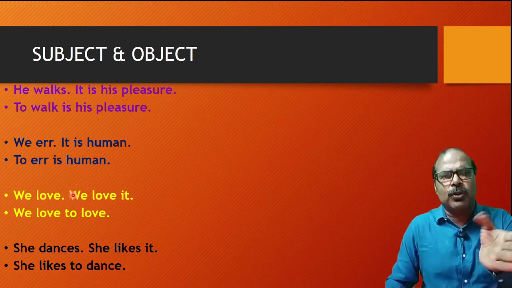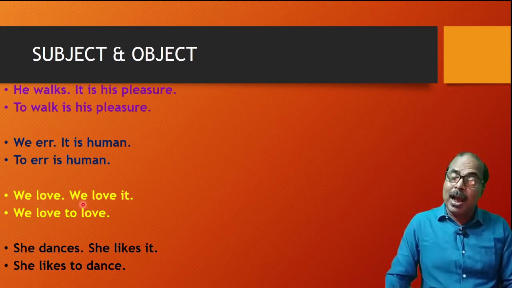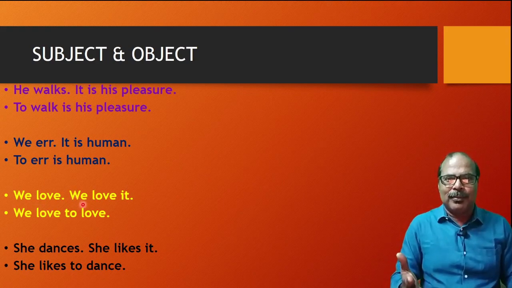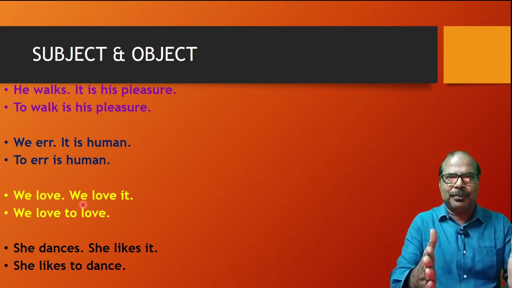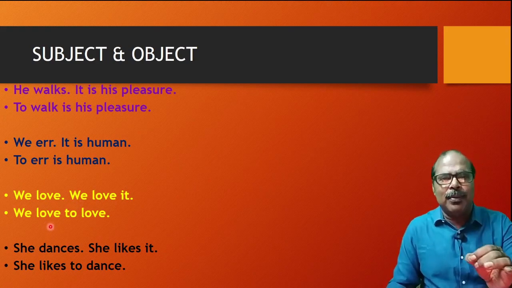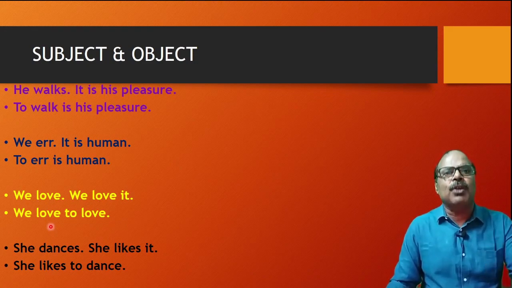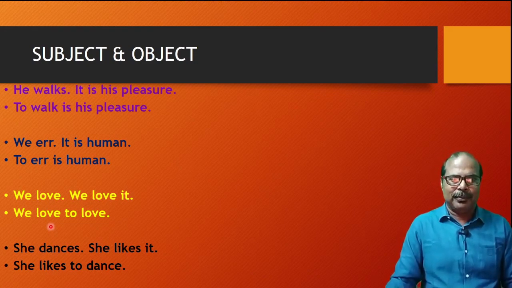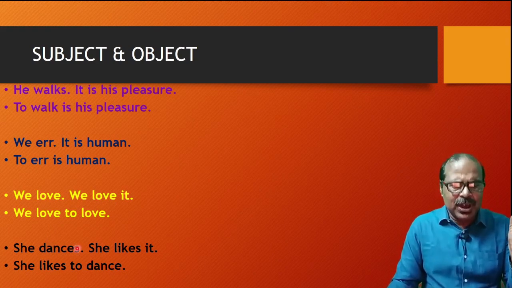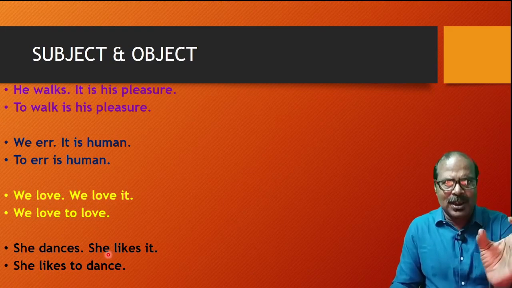How can we join by using it in the place of the object? We love it. We love this action. We love this thing. So we can write, we love to love. Next, she dances, she likes it. It means dancing.